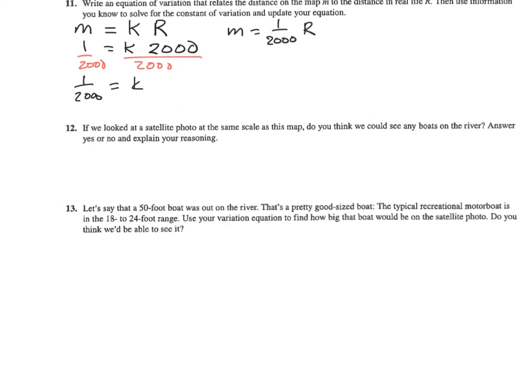The typical recreational motorboat is about 18 to 20 feet, so a 50-foot boat's pretty big. Use your variation equation to find how big the boat would be on the satellite photo. So let's use our equation. Remember, it was a 50-foot boat. And that's going to turn out to be 25 thousandths of an inch. So again, it's going to look more like a tiny speck than a boat.